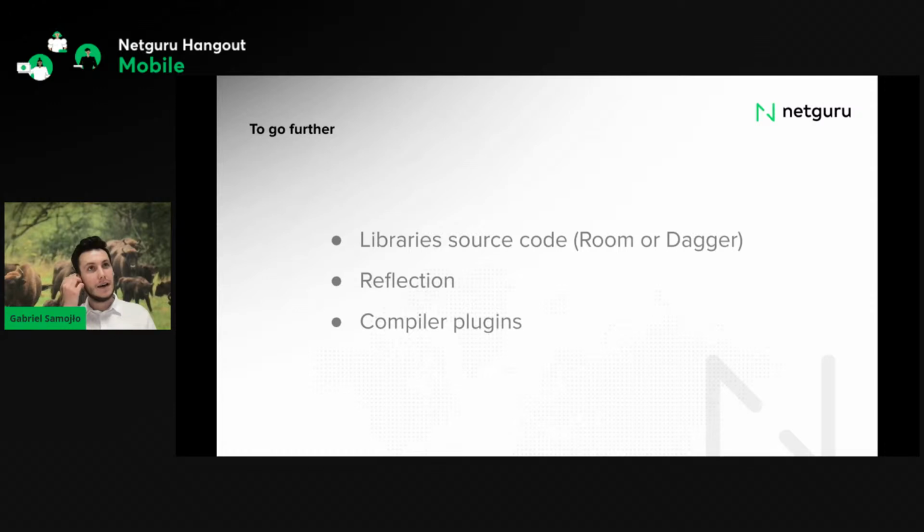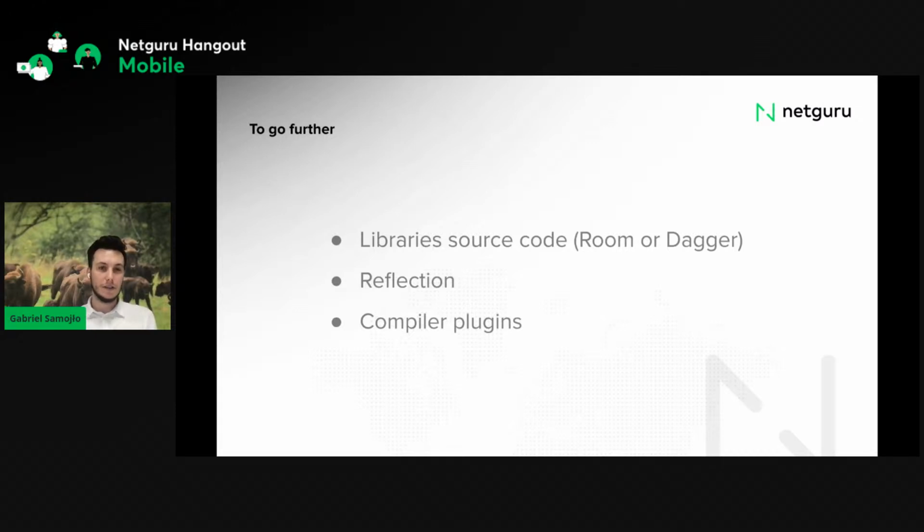The next thing is reflection. So this runtime processing of annotations, how reflection works, what we can achieve, what the limitations of that are. Compare this compile time annotation processing with runtime annotation processing, and see what the difference is.